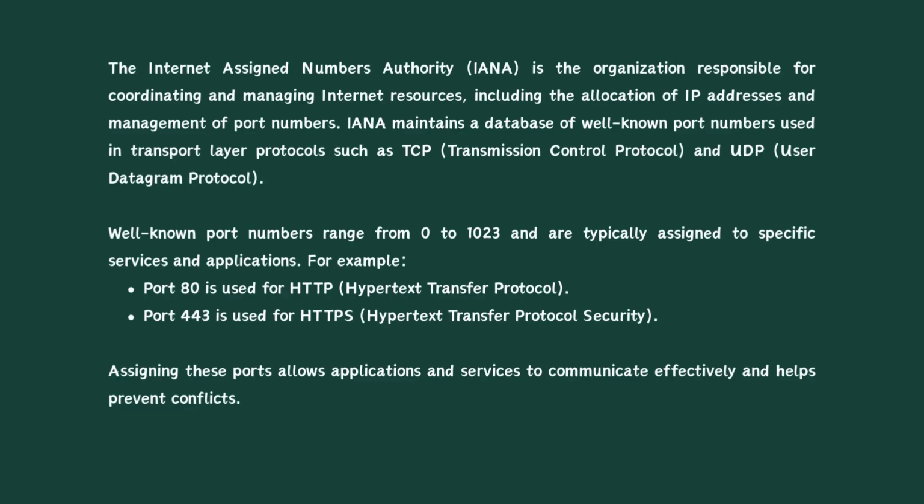Well-known port numbers range from 0 to 1023 and are typically assigned to specific services and applications. For example, port 80 is used for HTTP, Hypertext Transfer Protocol. Port 443 is used for HTTPS, Hypertext Transfer Protocol Security. Assigning these ports allows applications and services to communicate effectively and helps prevent conflicts.